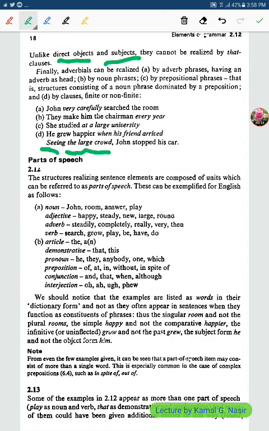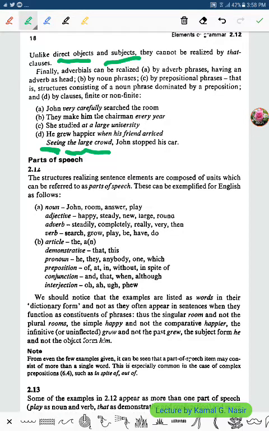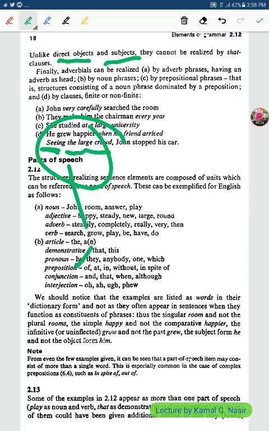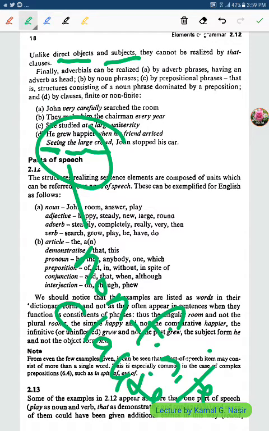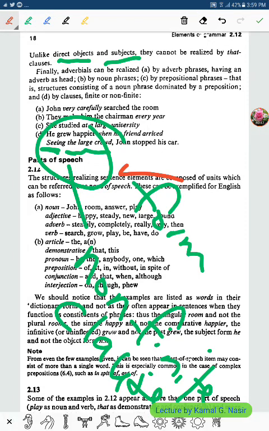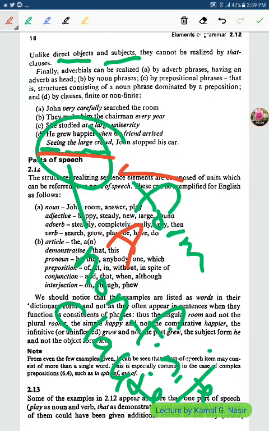And this is a non-finite verb phrase, so it is called a non-finite clause. Is it a form or a function? It is a form. As a function, it is adverbial.